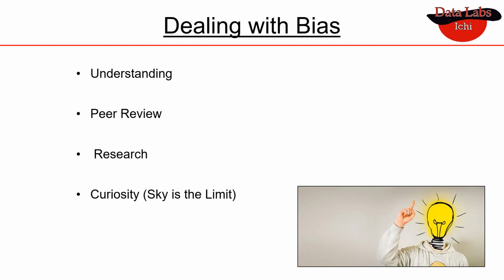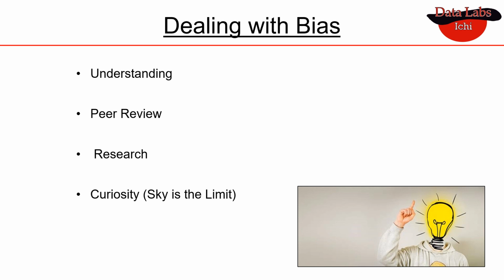And lastly, we have curiosity, or in the parentheses, sky's the limit. Try and just understand yourself more. Why do you think the certain way that you do? How can you change the way that you think about certain topics? Do you even want to change on certain topics or the way that you think about certain things?